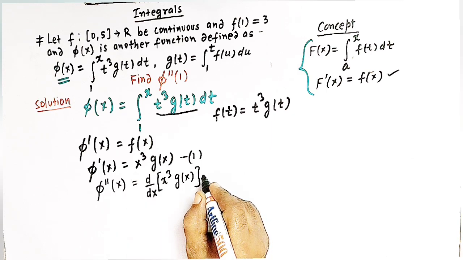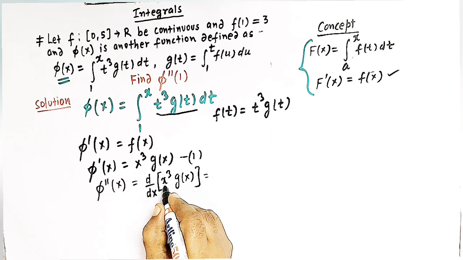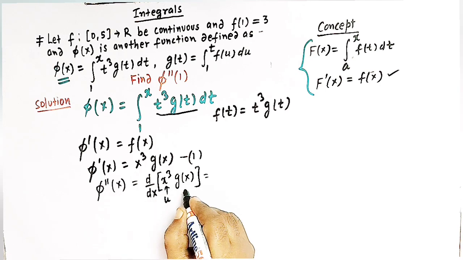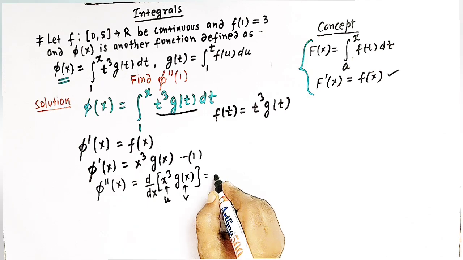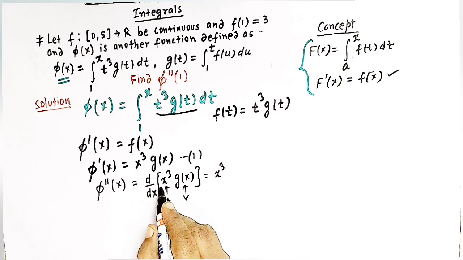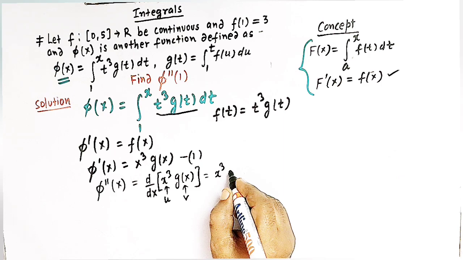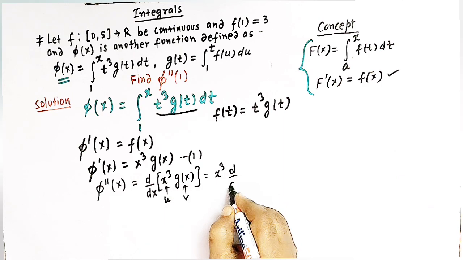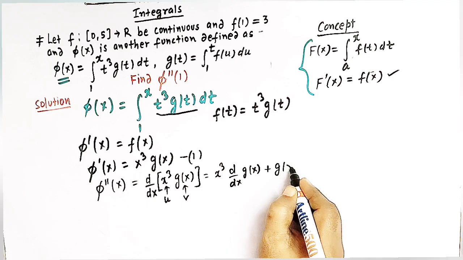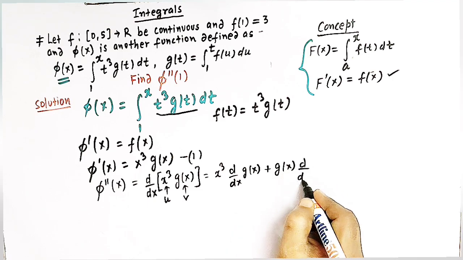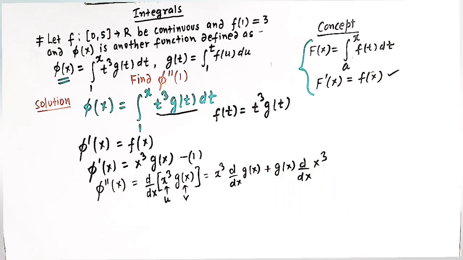So using the product rule, here this function x cube can be taken as u, and g of x can be taken as v. So we have the first function, that is x cube, then the derivative of g of x, and then we have g of x and the derivative of x cube, right?